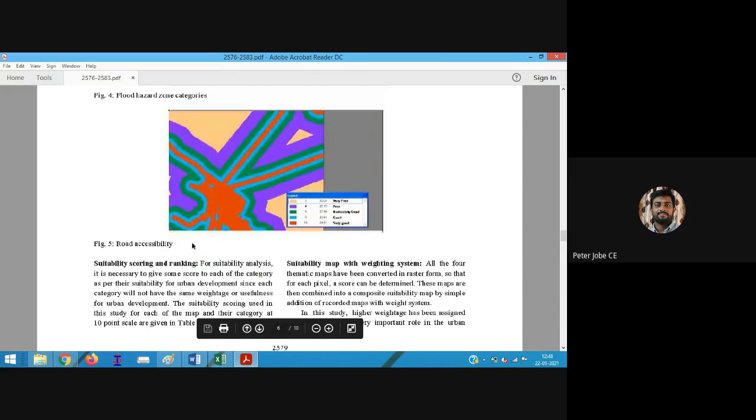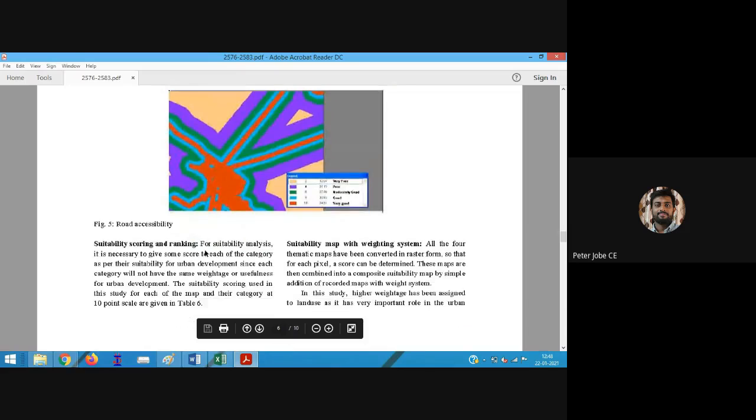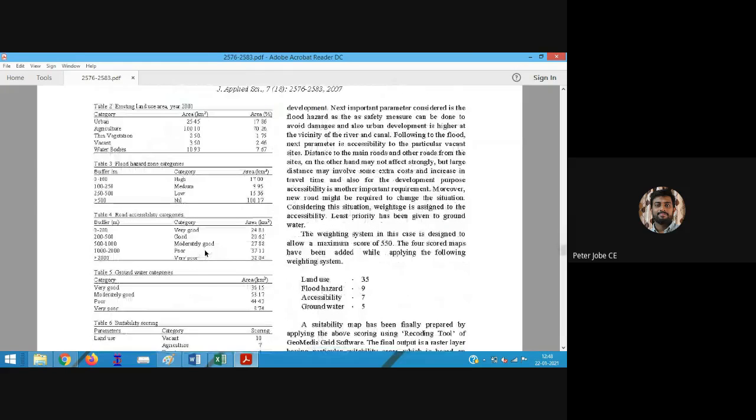What they have done next is there is some table they have mentioned. What they have done here is they have categorized how the land use pattern is over the years. So what's the percentage of area that has been kept as urban, in what percentage of area there is agriculture happening, what percentage of area there are water bodies available.